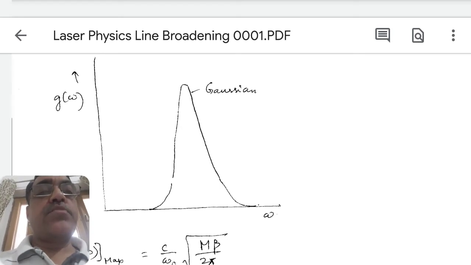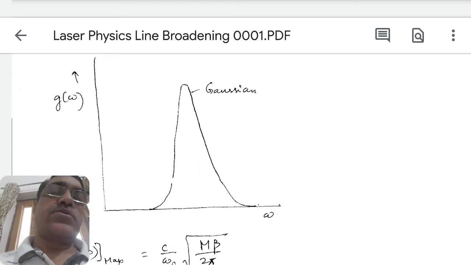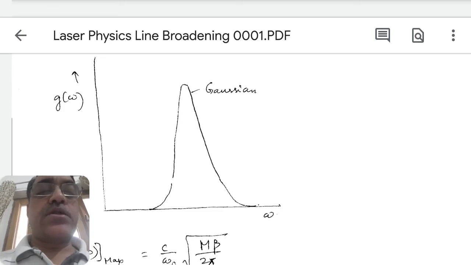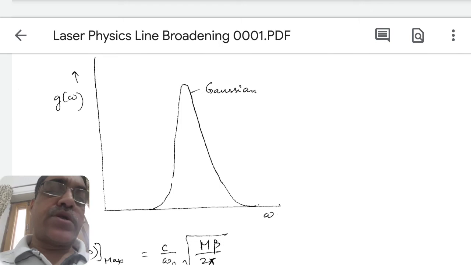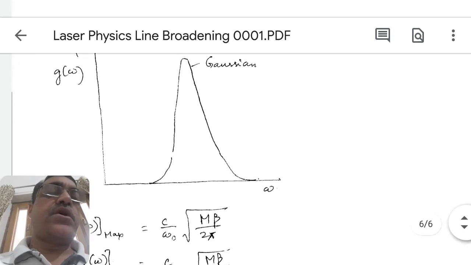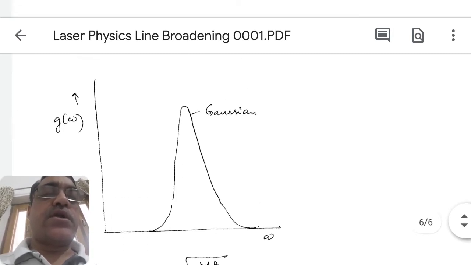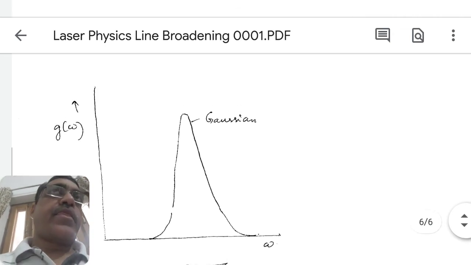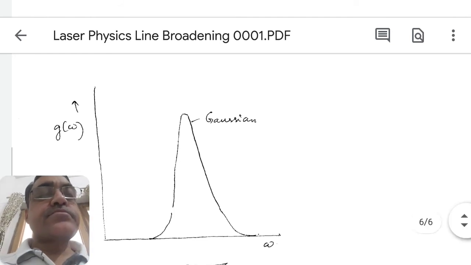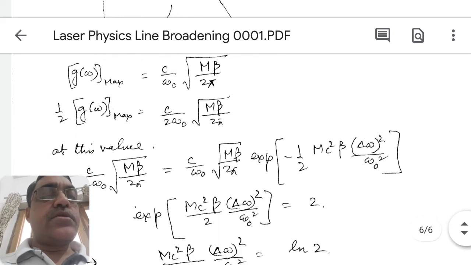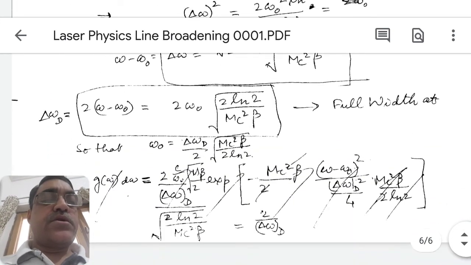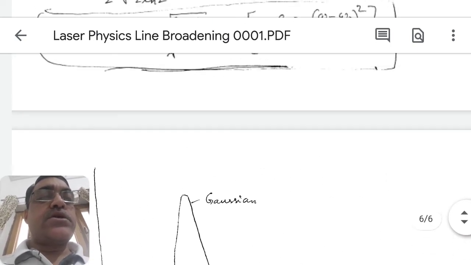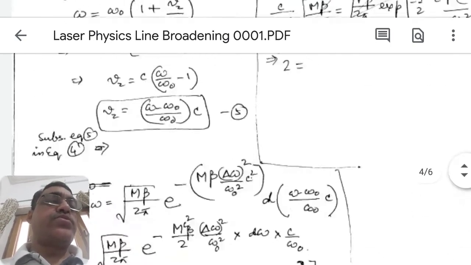So there may be many line shapes, but two are more pronounced, and those are the Gaussian and the natural broadenings. The natural has Lorentzian line shape function, and the Doppler broadening has Gaussian line shape function. And we see that these are mathematical functions actually, and there is a reason why it is so.